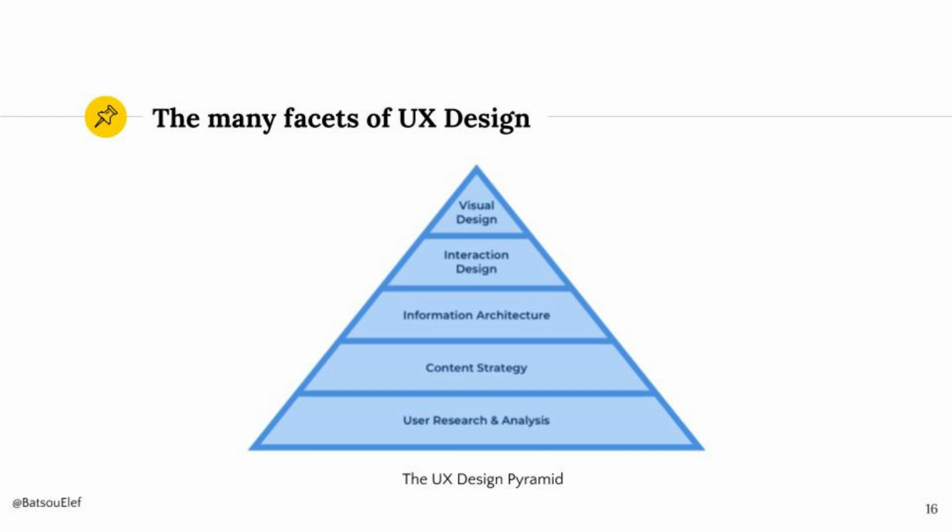In this layer, you can see user research and analysis, content strategy, information architecture, interaction design, and visual design. These are some of the things that they are doing, and I will just try to say a few words about each layer.